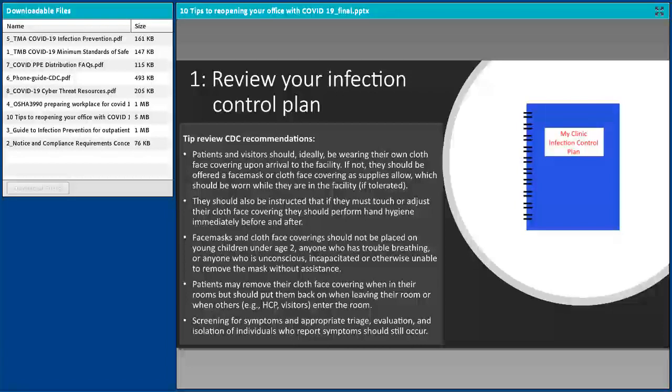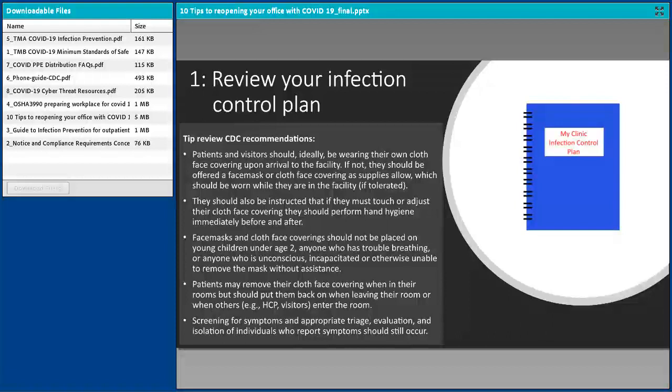Patients should be wearing masks. Also, keeping in mind children under the age of 2 or anyone who is having trouble breathing, unconscious, incapacitated, or otherwise unable to remove the mask without assistance should not have masks placed on them.